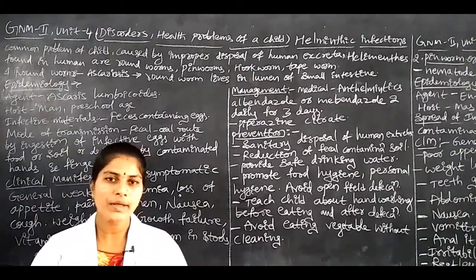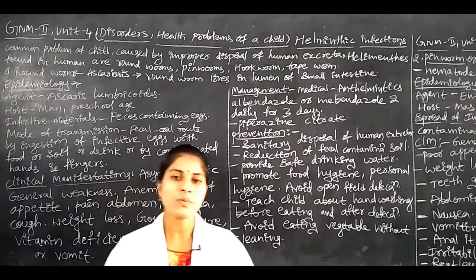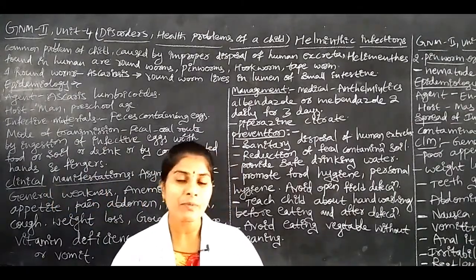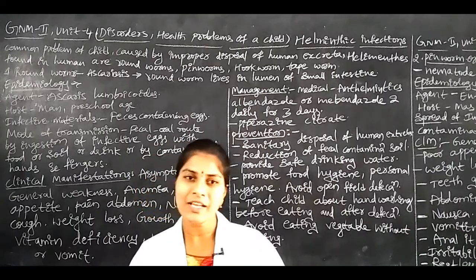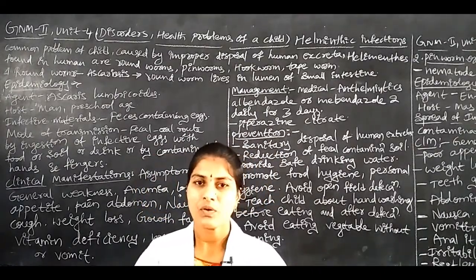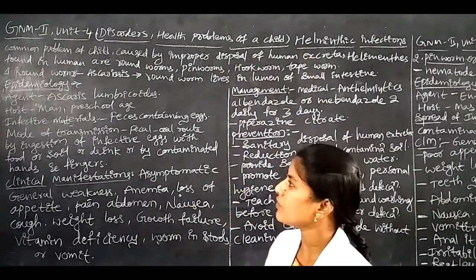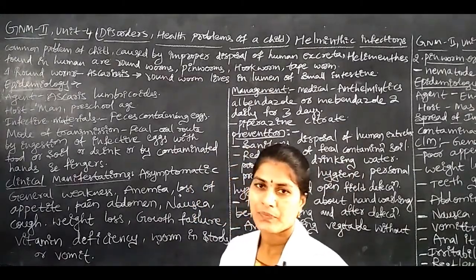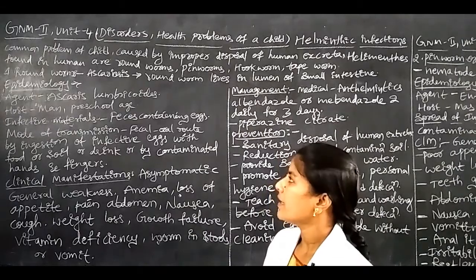In the human body, the lumen of the small intestine is the mainly favorable part for growth and replication of these roundworms. Next we are going to discuss the epidemiology for roundworms.